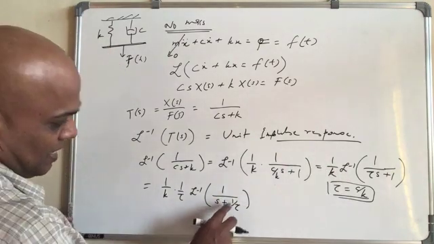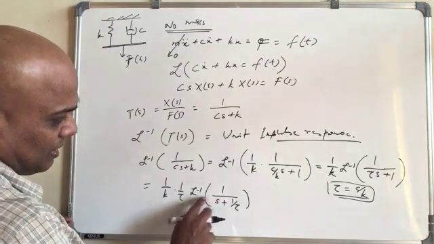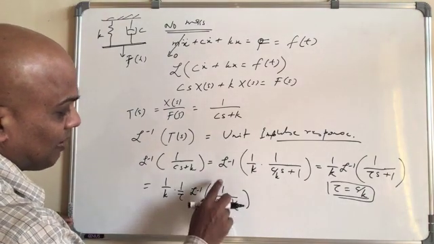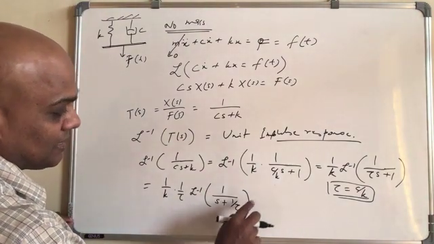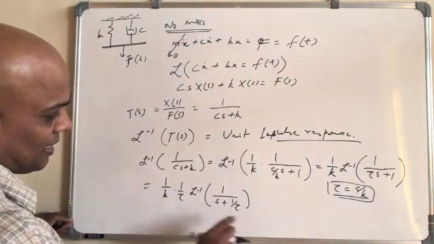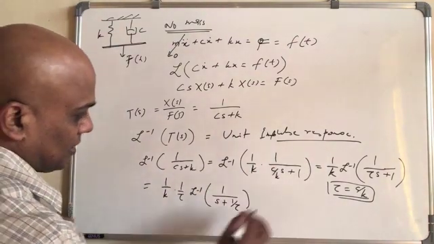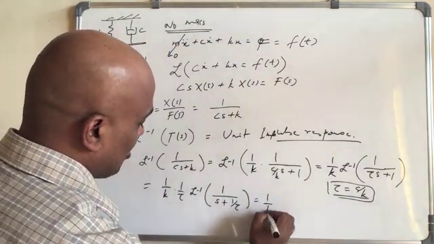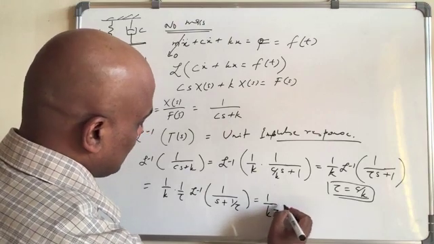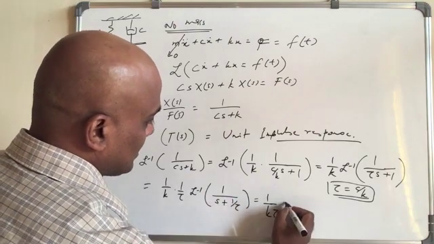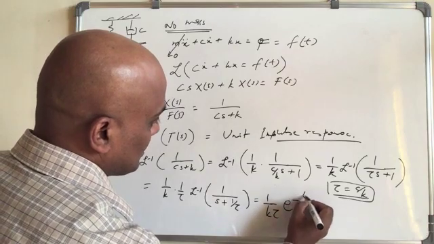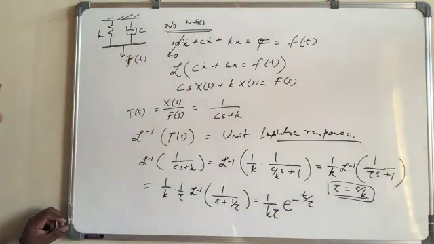Now the inverse Laplace transform of 1 over s plus a is e to the power minus a t. So that really means 1 over k tau times e to the power minus t over tau.